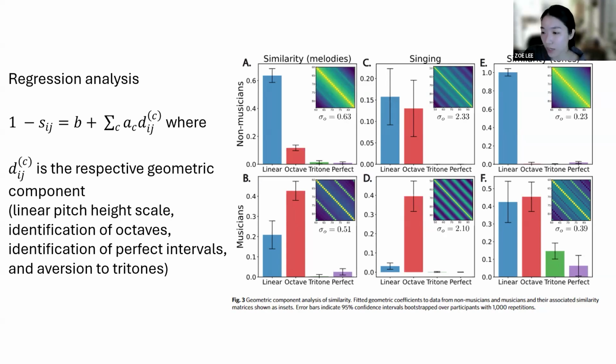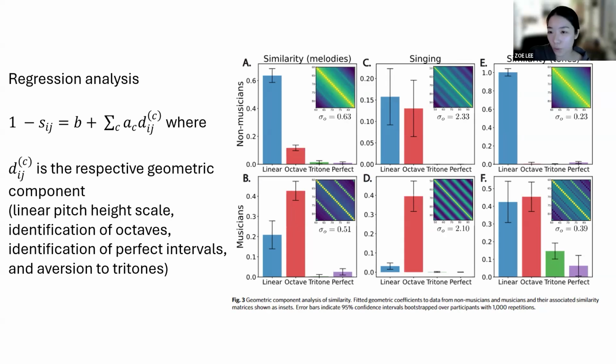To highlight a few points, for the melody paradigm, identification of the octave explained more of the variance in pitch similarity for musicians than for non-musicians. For production, similarly, the identification of octave dominates over the linear component of pitch height.